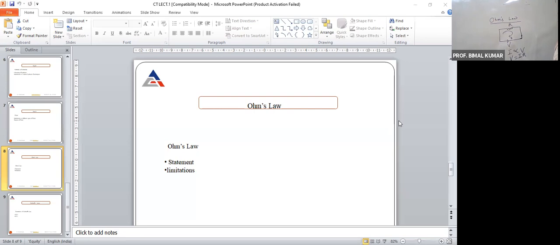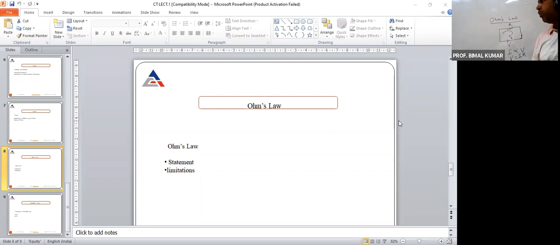So what are the limitations of Ohm's law? It will not be applied on semiconductor devices, and generally we say that it is not applied on non-linear devices. Whenever non-linear devices come, these will be semiconductor devices like diode, transistor, etc. Right?